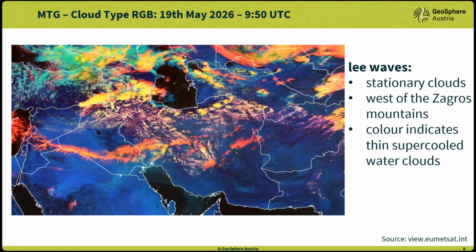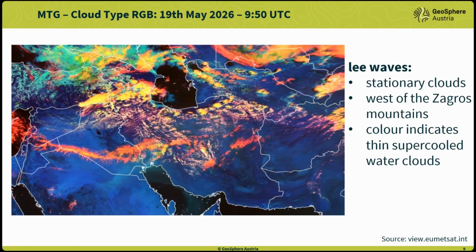But how do I know that those cloud features are Lee waves? At first, I took a closer look at the timely shift of these cloud patterns, and they stay stationary. Then you have to know the topography of Iran: in the western part of Iran, there's the so-called Zagros Mountains. And at the moment, we have a westerly flow in this region.